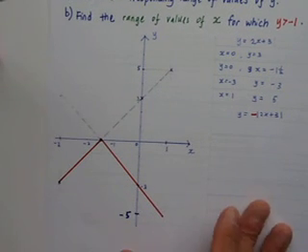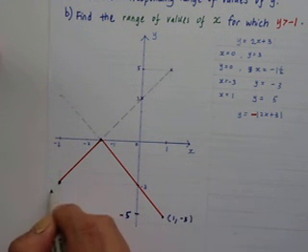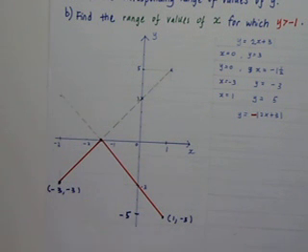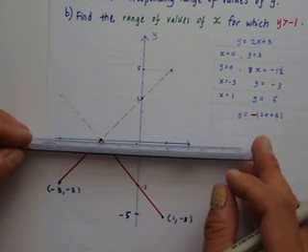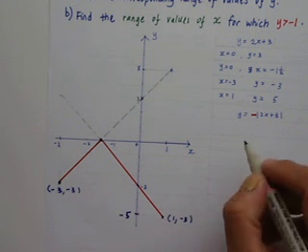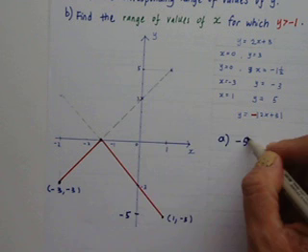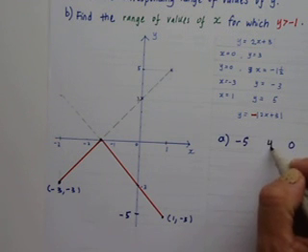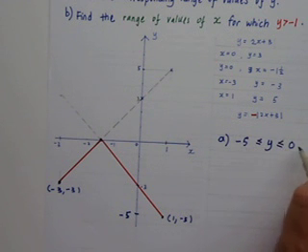I forgot to indicate the endpoint: 1, minus 5, and this point is minus 3, minus 3. So the lowest point is minus 5, and the highest point is 0. So the range of values of y is from minus 5 to 0.